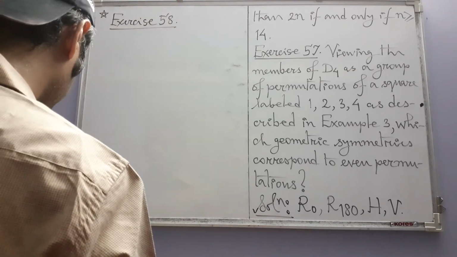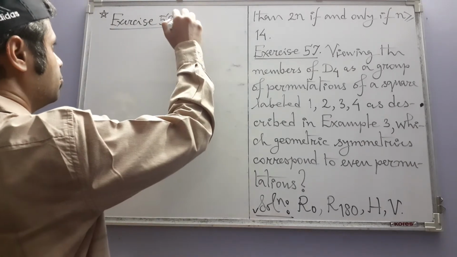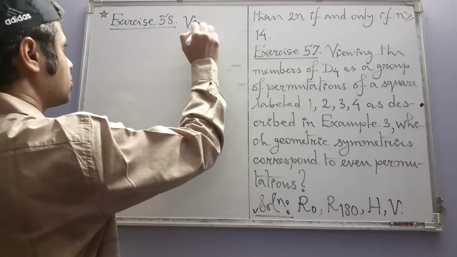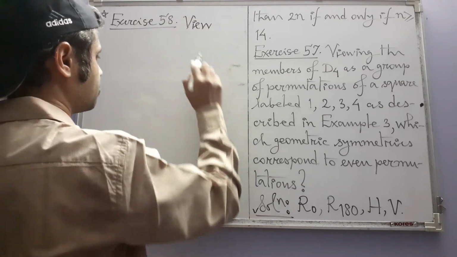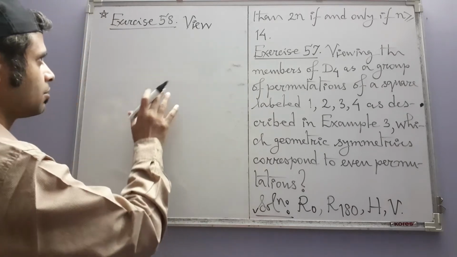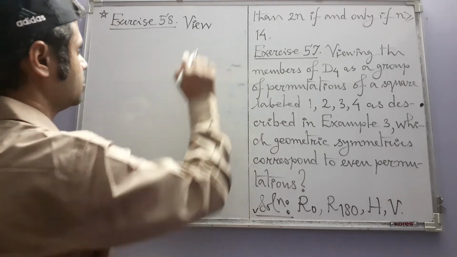Next, exercise 58. It is also similar to this one, but it is not about a square but rather a regular pentagon.